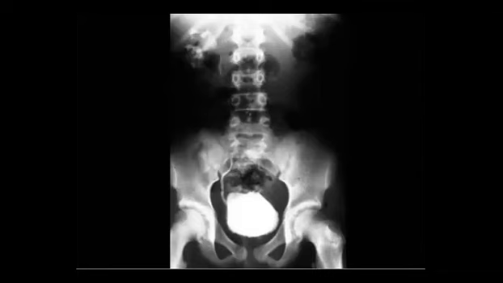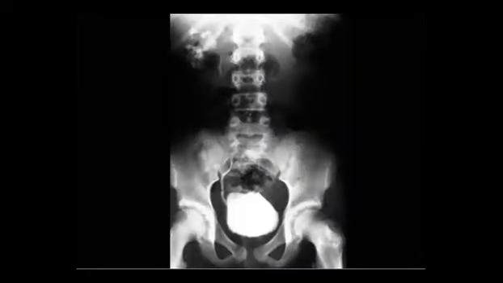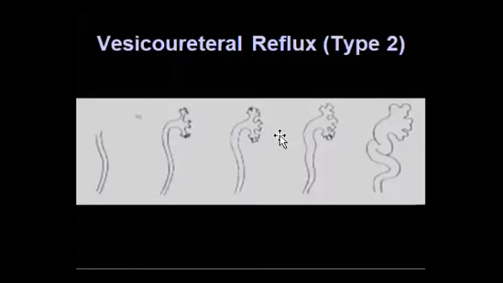This one is easy. Grade 2 reflux. Okay. So type 2 reflux. Why, Nermeen or Marwa? It is a mild dilatation. Mild dilatation, yeah. And they like to show you, is it reaching the calyces or not? Yeah.